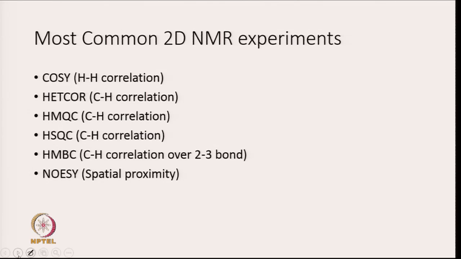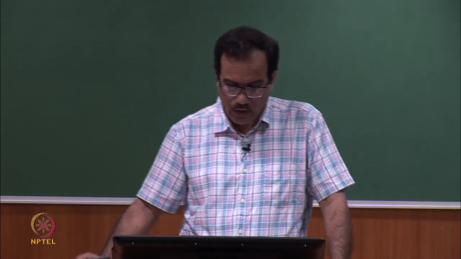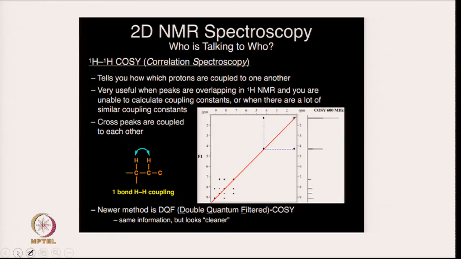HMBC, here the carbon and hydrogen are correlated, which are separated by 2 to 3 bonds. Then the next 2D experiment is NOESY. NOESY looks at the nearby proximity of 2 protons. So, 2D NMR spectroscopy is important because it gives you an idea about who is talking to whom.